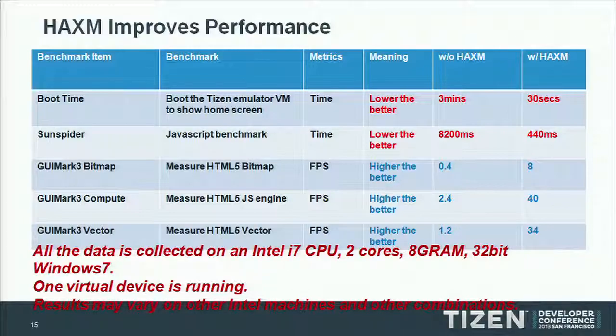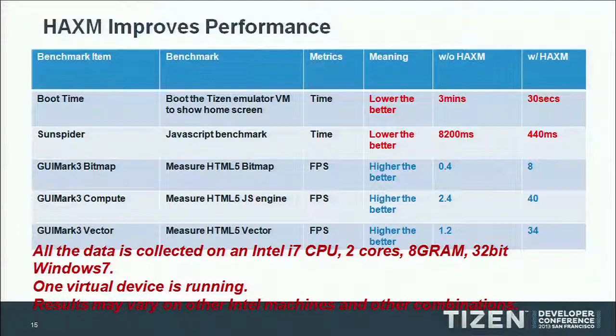The other 3 benchmark items are for the GUIMark 3. It's to measure the HTML5 canvas performance. We can see it will test the bitmap drawing, the JavaScript computing, and the vector drawing. Here, for the bitmap drawing, we can see with HAXM, the number is 8 frames per second.